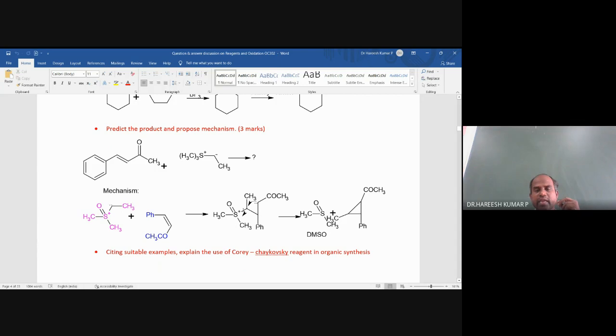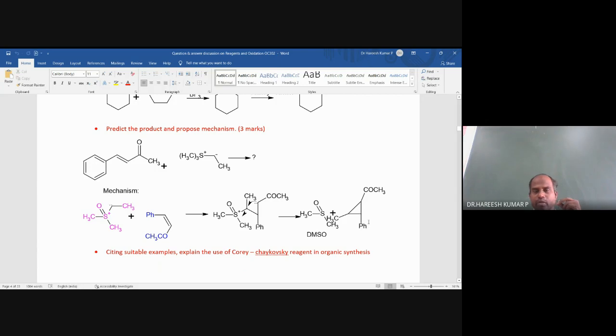That anion can attack this carbon, and along with this bonded pair, DMS will go out. DMSO is the byproduct. And what is this? It's a cyclopropanated product.